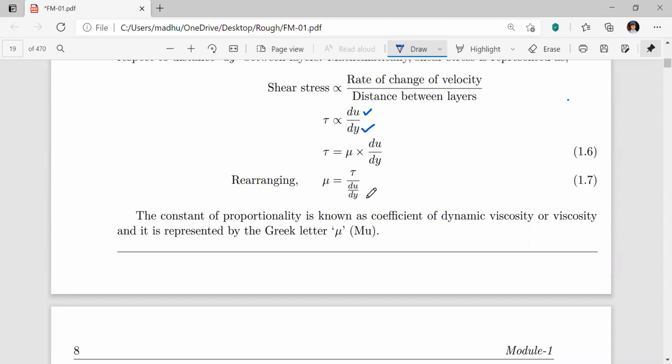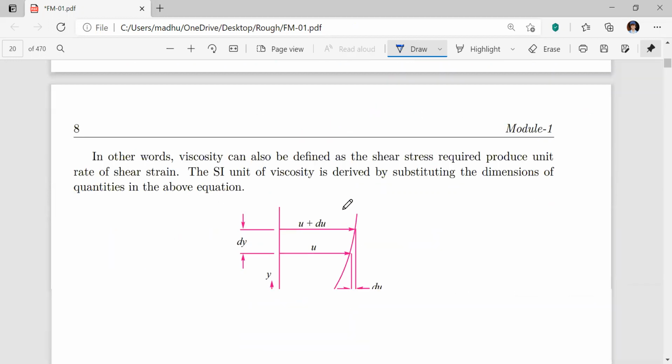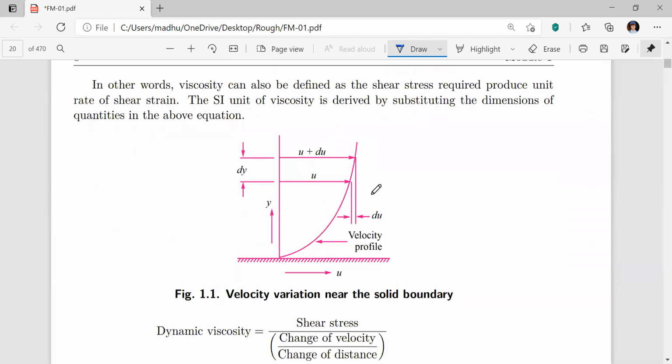The constant of proportionality is known as the coefficient of dynamic viscosity, or viscosity, and it is represented by the Greek letter mu. So we have done a small experiment where the fluid is flowing upon a surface. The fluid velocity is u at a height y, and u plus du at a height y plus dy.